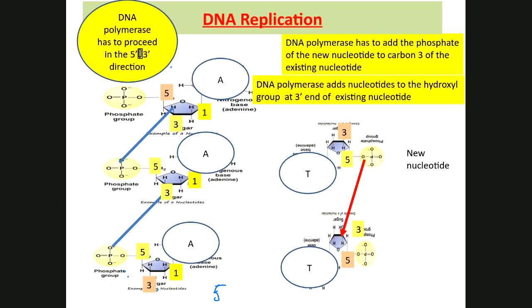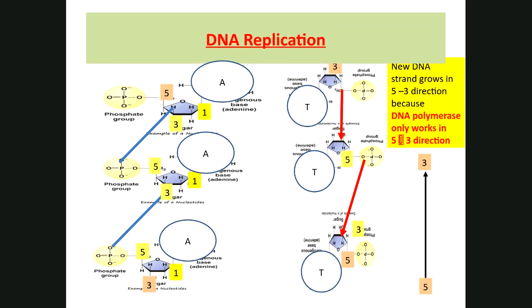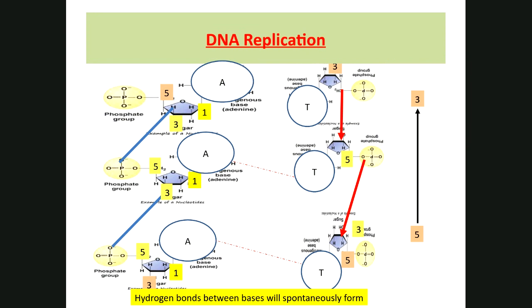So the complementary base will have to be 5', and it will have to be a T. So it will have no problem coming up with the nucleotide in this case, because the nucleotide has to be a 5' nucleotide in order to fit with this one, which is 3'. Okay. So as long as it moves in the 5' to 3' direction, DNA polymerase has absolutely no problem. What the enzyme cannot do is go in the 3' to 5' direction.